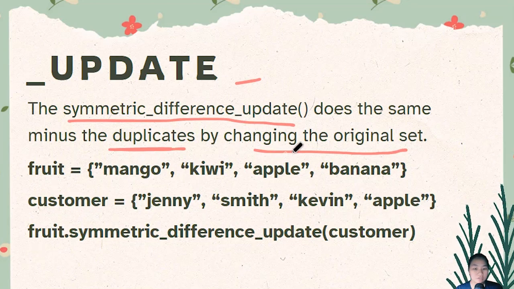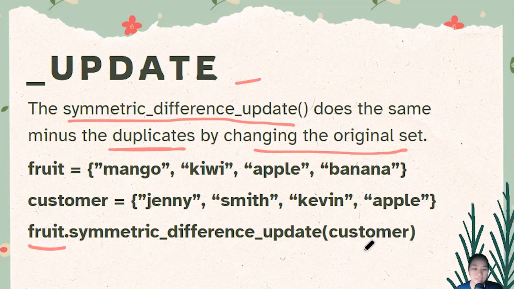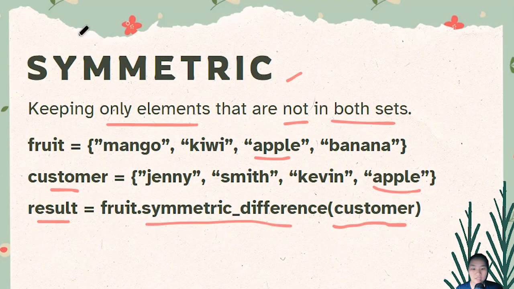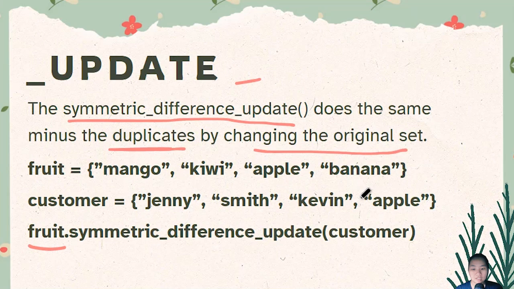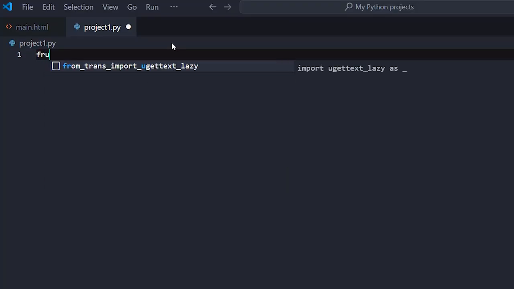And since it changes the original set, you don't need an additional variable. Just simply write fruit.symmetric difference update, passing in customer. It does the same thing as symmetric, but it does not tolerate duplicates, okay?